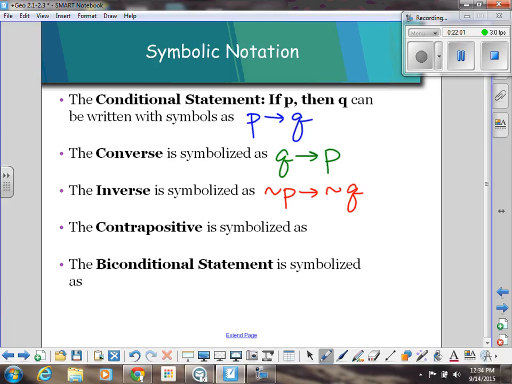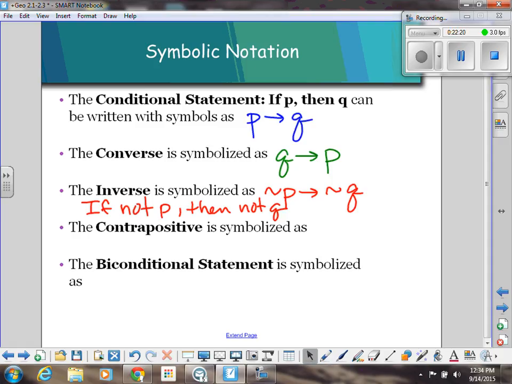Okay, so that's how you do a not. So that can be read as if not P, then not Q.